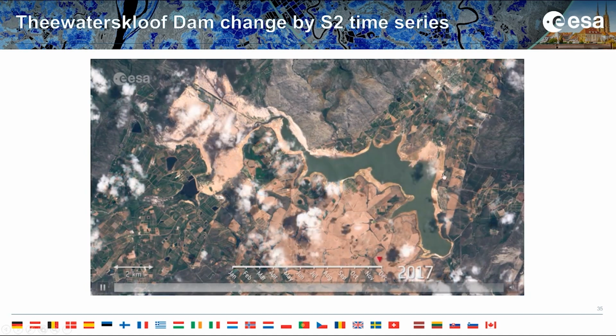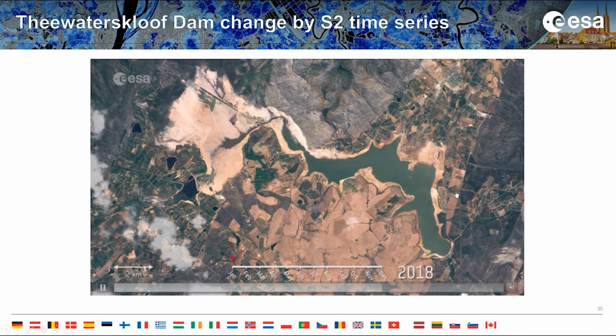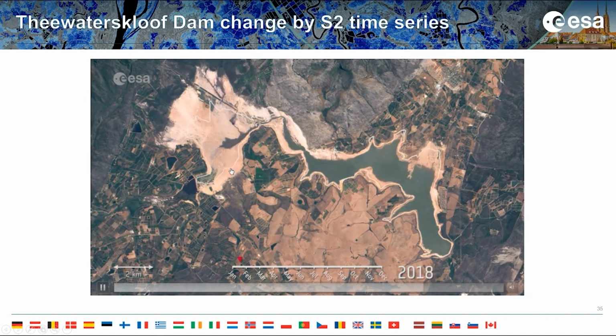Okay, the video is almost finished. So the white line is January 2017. The red one is January 2018, and there is a big difference, especially in the northern part, but even in the eastern part of the dam.